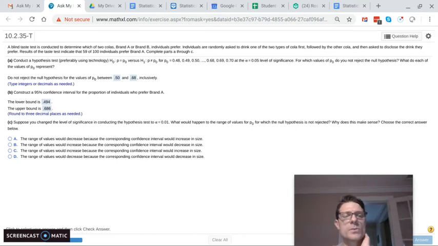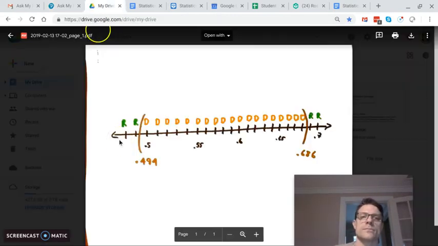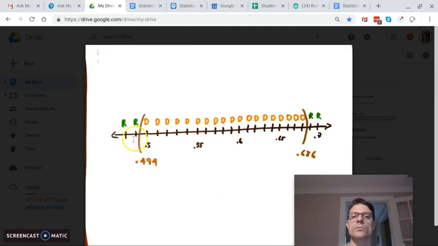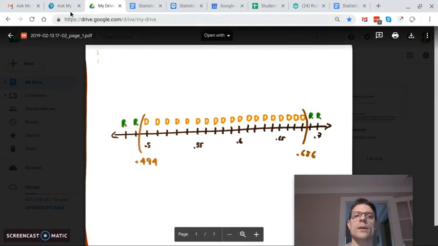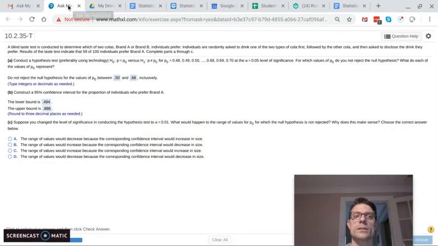That's really the connection between hypothesis testing and confidence intervals. The last question says, suppose you change the level of significance in conducting the hypothesis test to 0.01. I hope at this point, after chapter 9, you realize that the smaller you make the significance, the less you're going to reject things. The larger the do not reject region would be, because you don't want to make a type 1 error of accidentally rejecting a good null hypothesis.